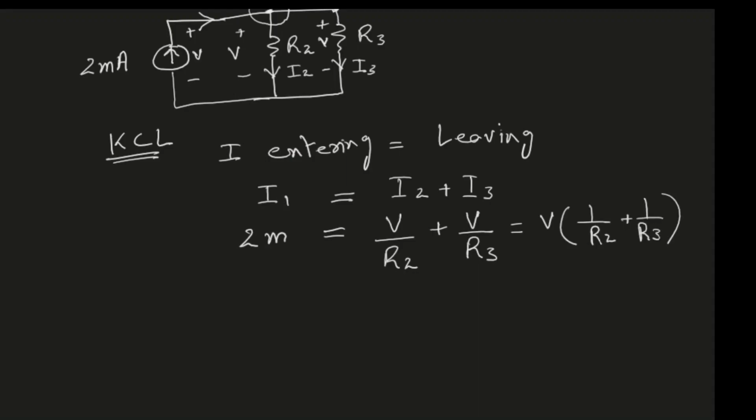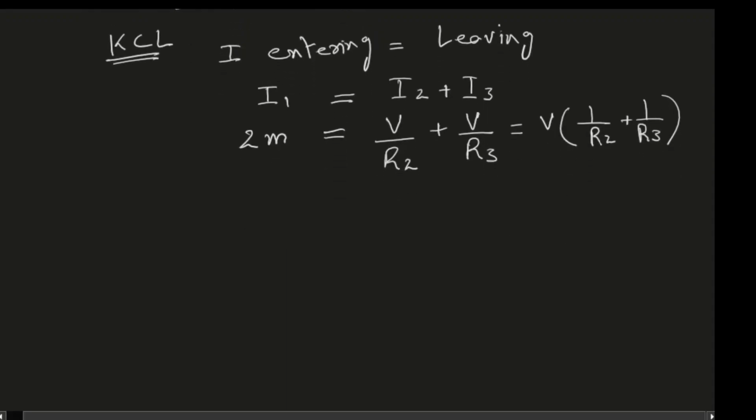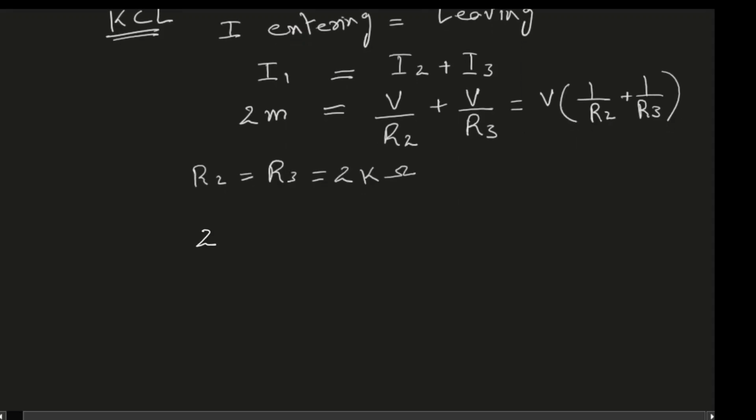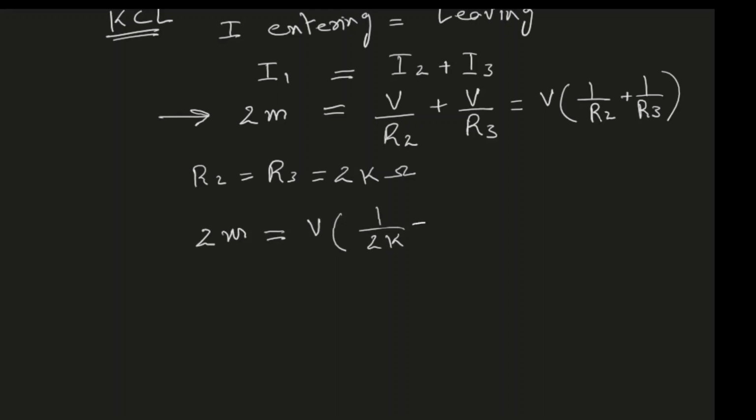Let us give some numbers to the 2 resistors. So let's say R2 and R3 are both equal, and they are both equal to 2 kilo ohms. Now, if that's the case, then this equation will become 2 milliampere is equal to the voltage divided by 1 over 2 kilo plus 1 over 2 kilo.